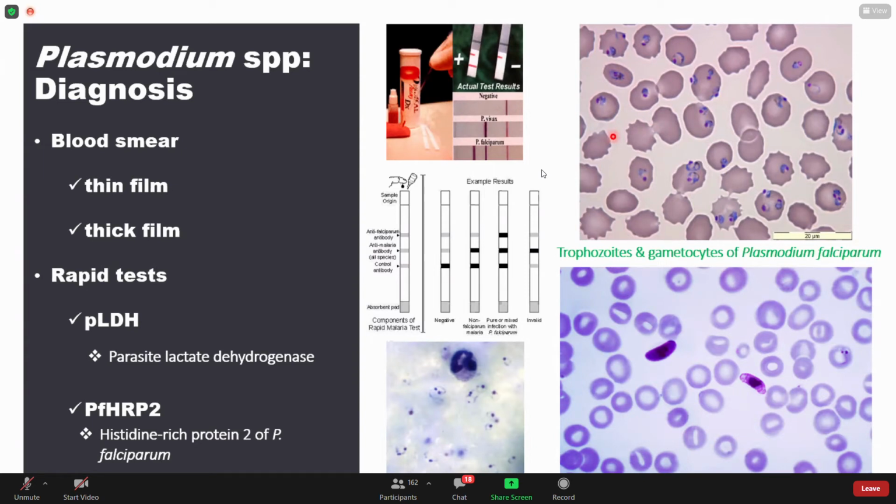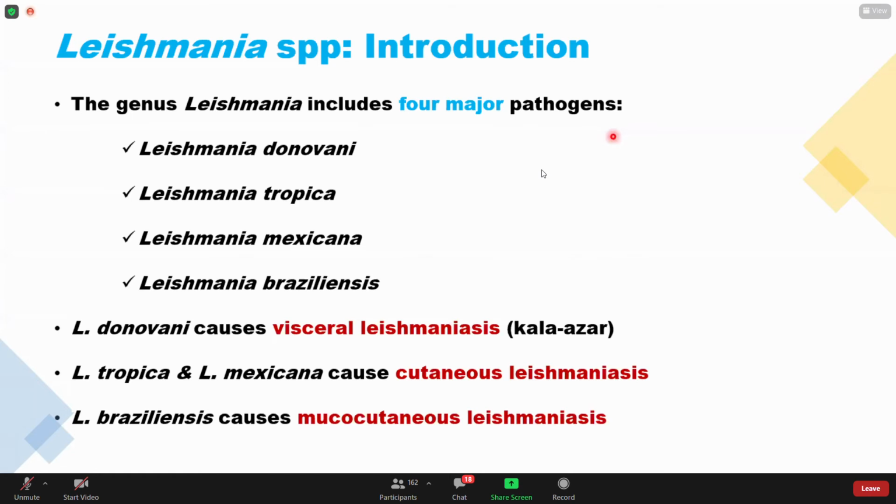So the next parasite we're going to discuss, so yeah, Leishmania. Just like with P. falciparum, you have different species that could cause infection in humans. But unlike P. falciparum and the others, Leishmania species tend to cause a spectrum of infection.